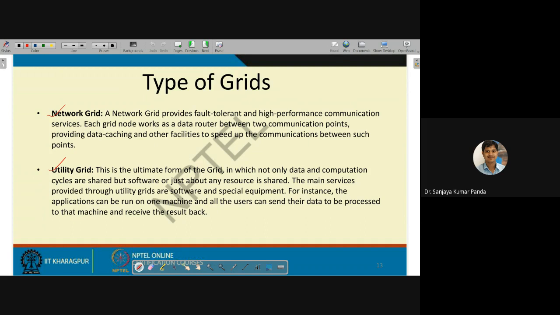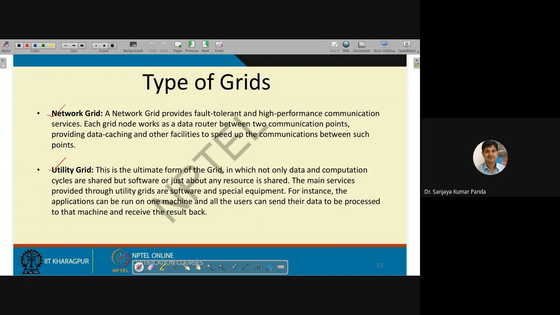The multiple communication points are there, multiple communication nodes are there, right? So each node has to ensure this data routing between multiple data communication points. And we have to see how we can minimize the communication. Whenever a customer makes a request, not necessarily the request has to reach the main server.